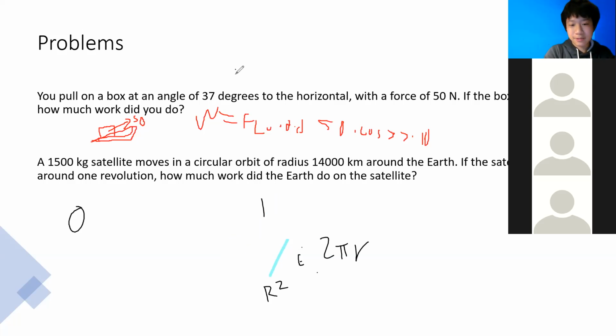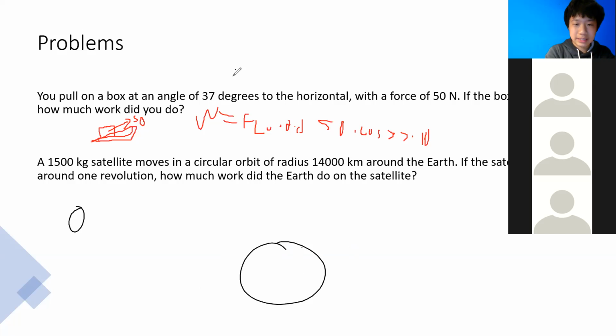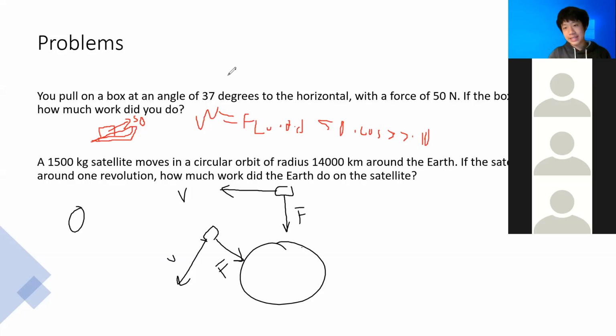So why isn't this right? Well, let's first look at one instant where the satellite is moving this way, velocity, okay? And in which direction is the force being applied? Force is going to be perpendicular to velocity because that's the definition of circular motion. At any point on this satellite's path, the force is always going to be perpendicular to the velocity.